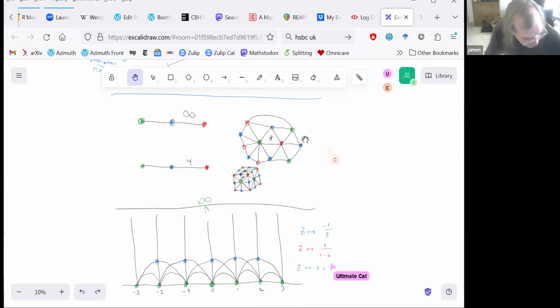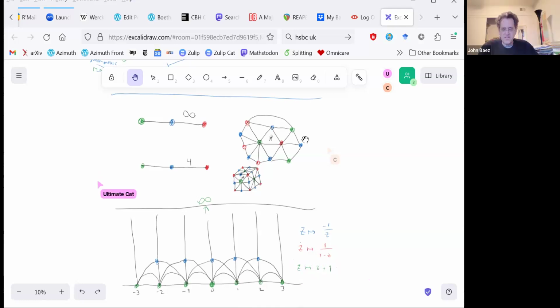But that last one's not an involution. I'm sorry. I think none of these are involutions.